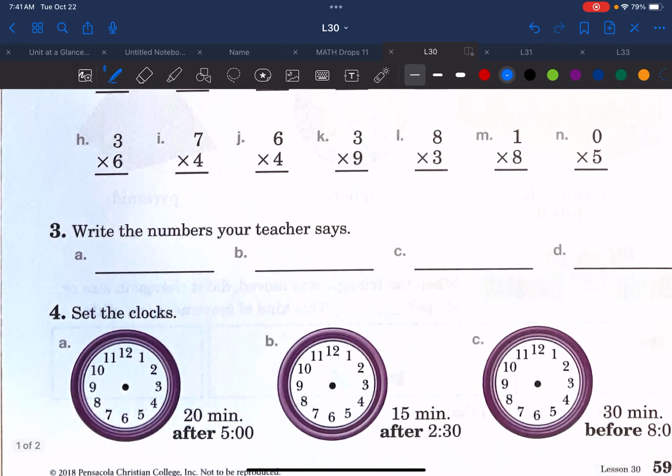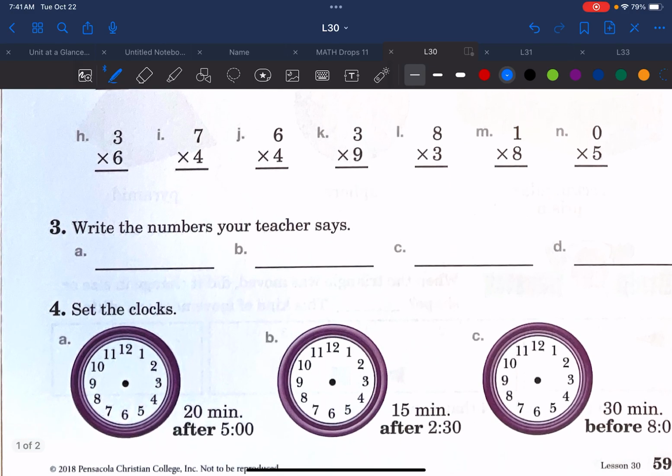All right, number 3, I need to read you what it says. So I'll say it 3 times, but you can also go backwards in your video if you need to hear it again. Just back it up and play it again.